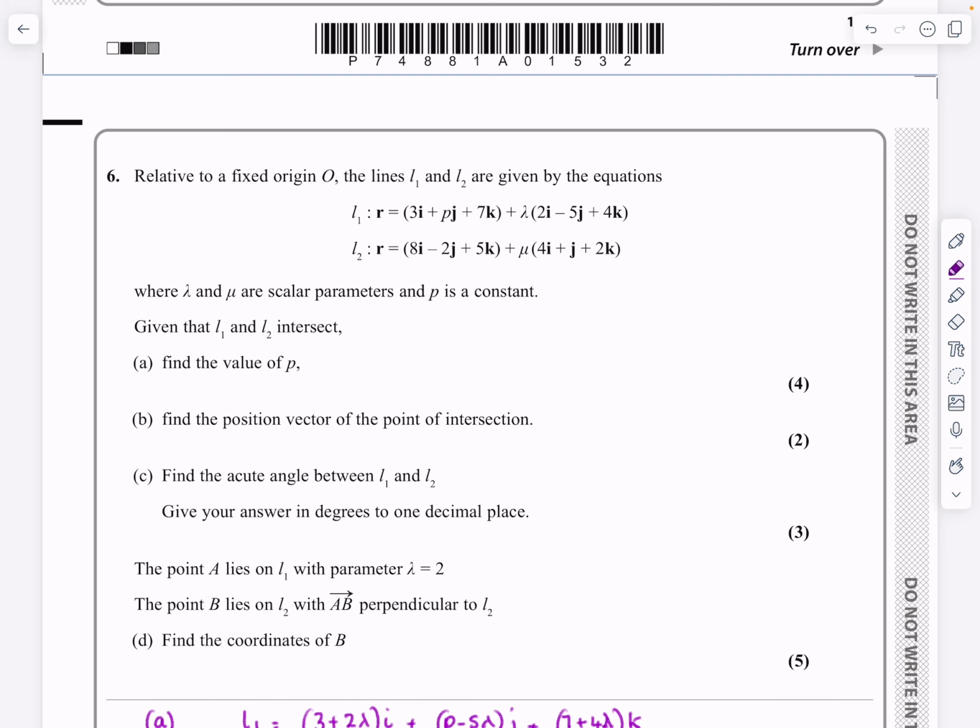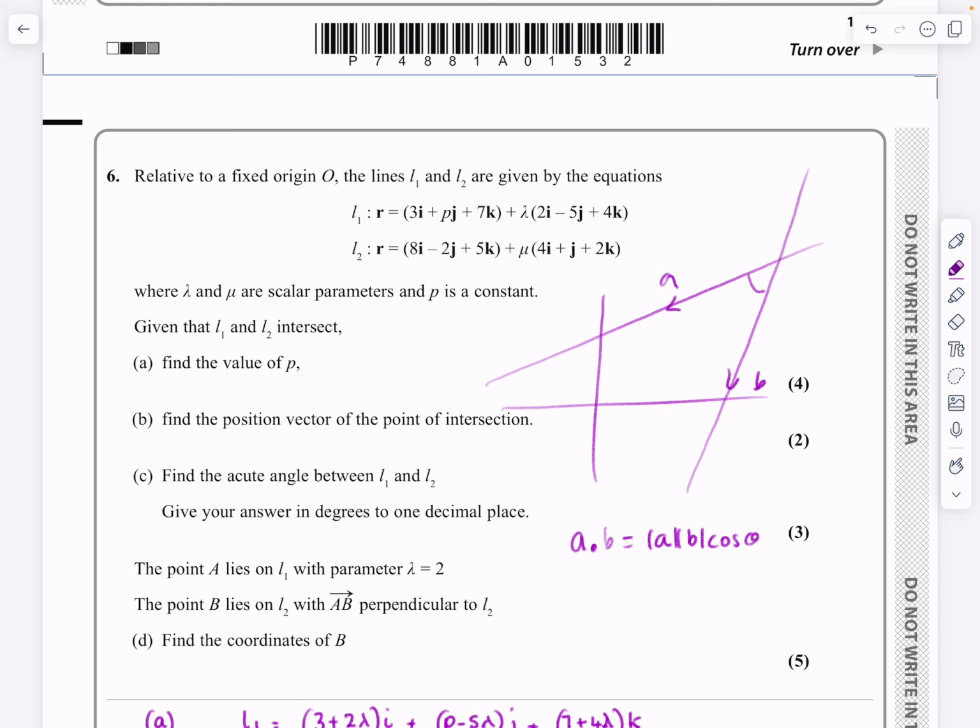At no stage have I drawn this out yet because it's all been so straightforward, but we've got a line L1 and a line L2 there. I haven't got anything complicated yet, so I'm not worried too much about doing this. To find the angle between them, we need to understand that A dot B will equal modulus A modulus B cos theta, if we had vectors A, B, and the angle theta there.